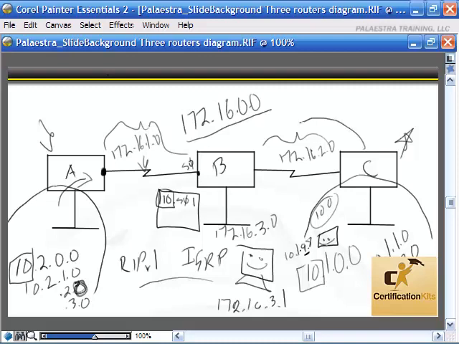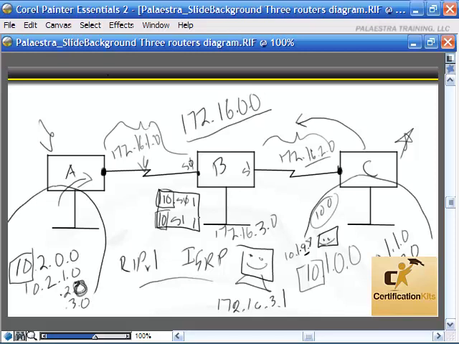Router C sends his routing table update to him, and since this is a 172 network, and this is called a network boundary here as far as router C is concerned, because he's routing for 172 and the 10 network, he sends an update saying, hey, if you want to get to network 10, this is B's serial 1, you can get there by me. So B will go, oh, I can get to network 10 also through my serial 1 interface, and you'll only be one hop away.